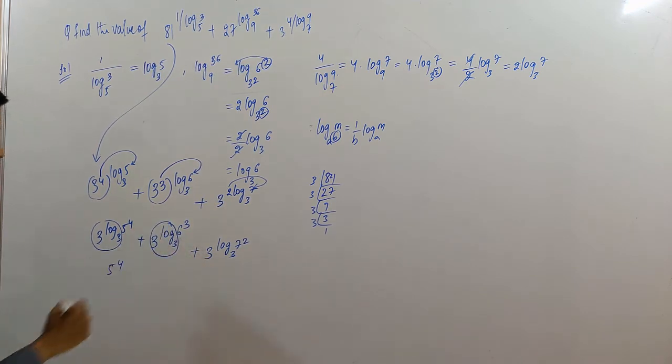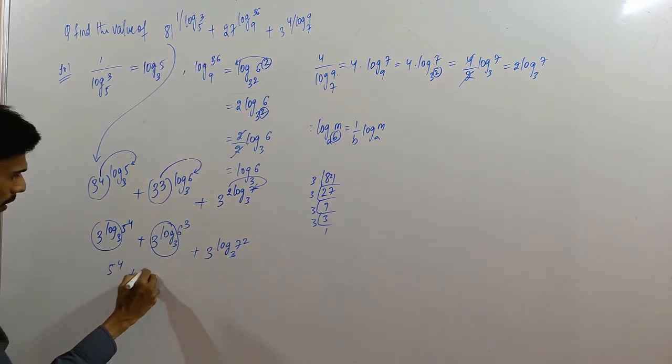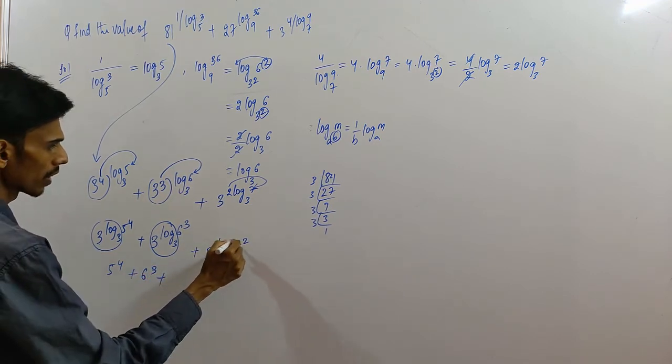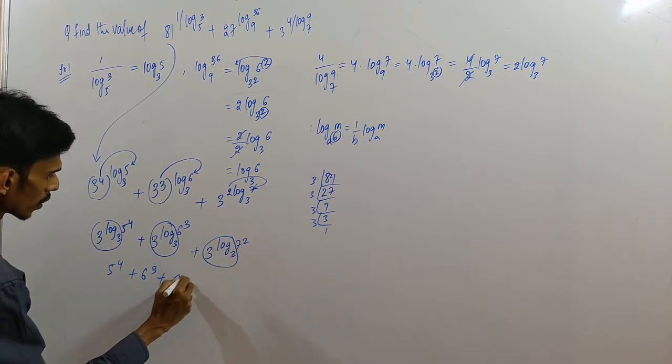Similarly here also the 3 and 3 are the same, so it will become 6 cube, plus 7 square.